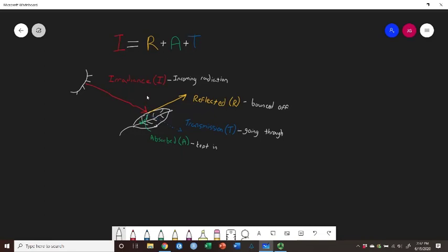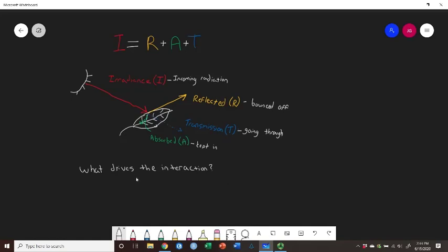So what I want to do now is take just a second and talk about what drives this relationship. All right, so let's formalize that for a second. What drives the interaction?